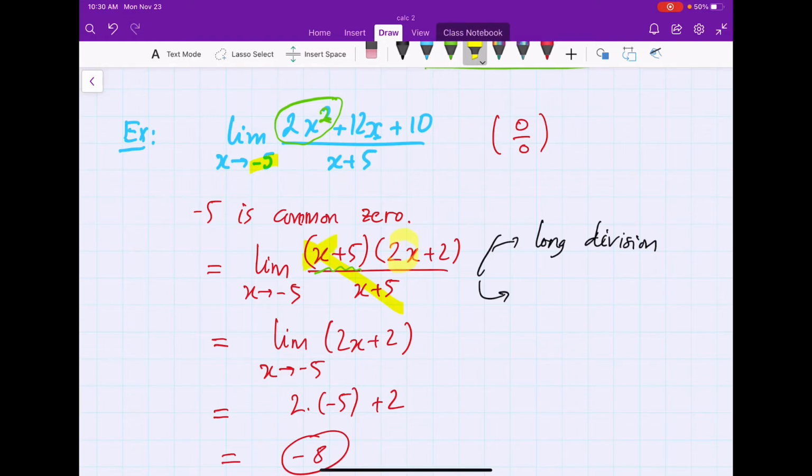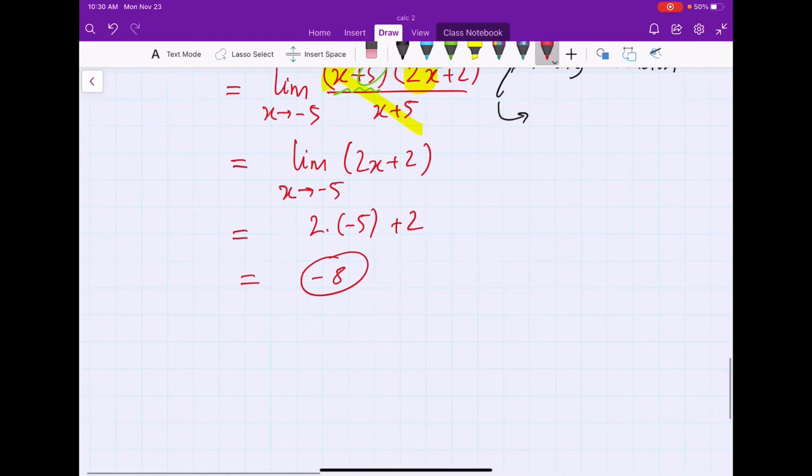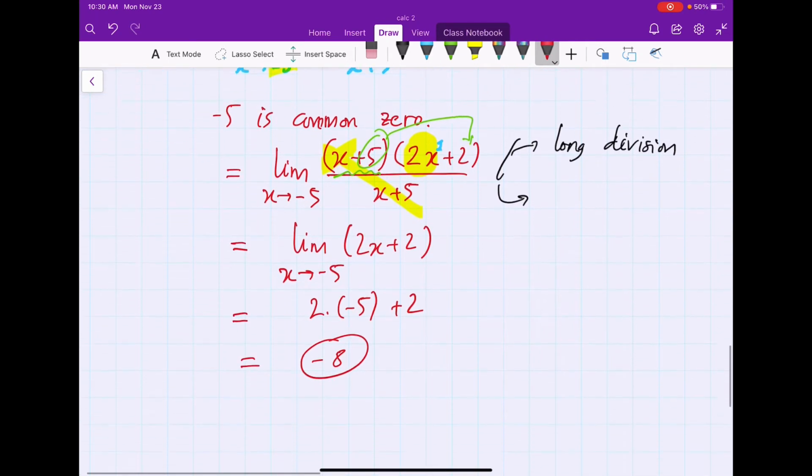That means this term should be 2x, because 2x times x will be 2x squared, right? And you already finished with the term of degree 1, and then you move to the free coefficient. You have 10 in the original, but here you have 5, right? So that means this term should be 2. That's it. Okay. All right. I will not give you many problems with limits. We still have different techniques, but that is the one we need to do on the final: the factoring technique.